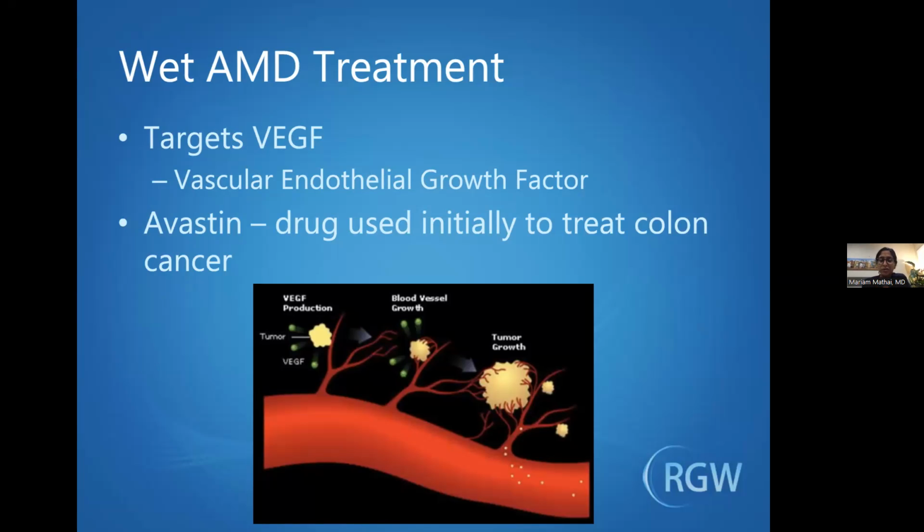It was found that people who were getting a drug called Avastin, this chemotherapy drug, for their colon cancer, were having improvement in their macular degeneration. And somebody had the bright idea to convert this to an eye drug when they saw this response. And it's really changed the amount we can treat patients and prevented a lot of blindness.